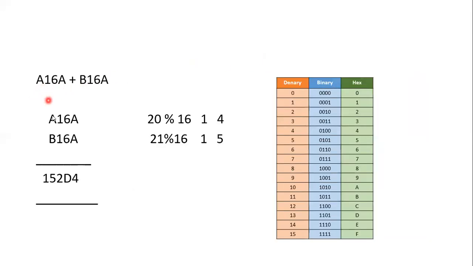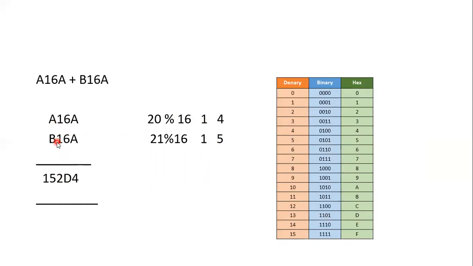Similarly, A16A plus B16A. Okay. So A plus A, 10 plus 10, 20. So 20 divided by 16, carry is 1, remainder is 4. So we put 4 here, the carry is 1. So 1 plus 6 plus 6 is 12, 12 plus carry 1, 13. So 13 is D, therefore we put D here. 1 plus 1 is 2.